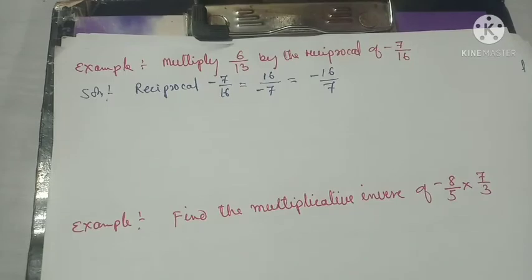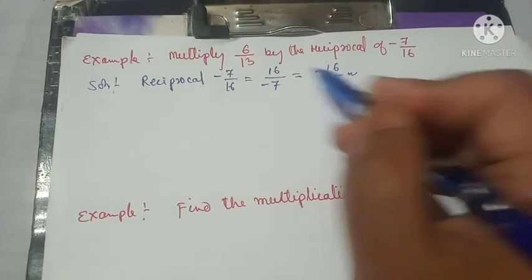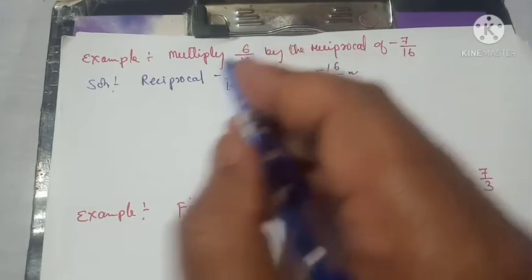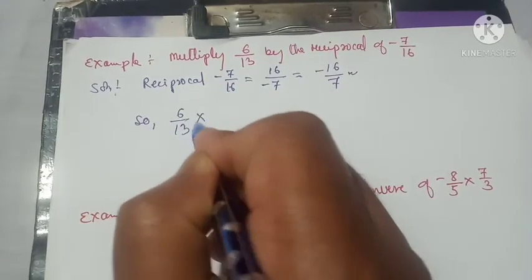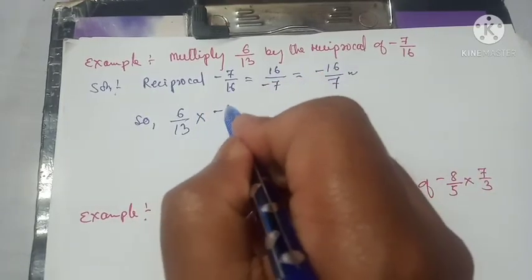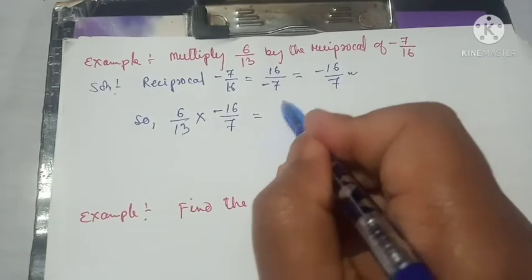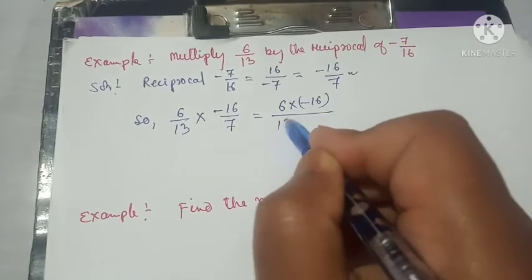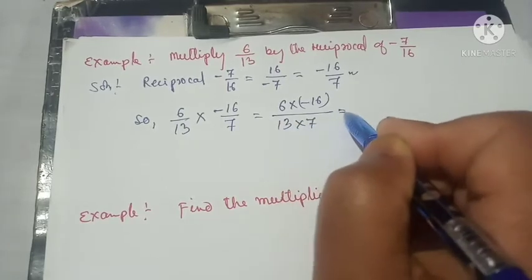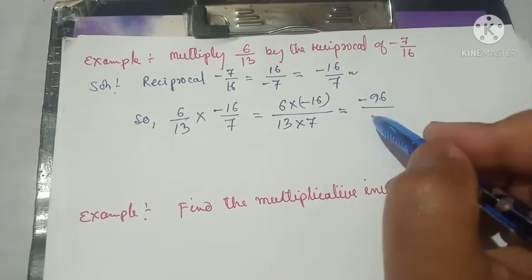So multiplying by the reciprocal means you have to multiply minus 16 by 7 with 6 by 13. So 6 by 13 into minus 16 by 7. You have to multiply now: 6 into minus 16 by 13 into 7, which gives minus 96 by 91.